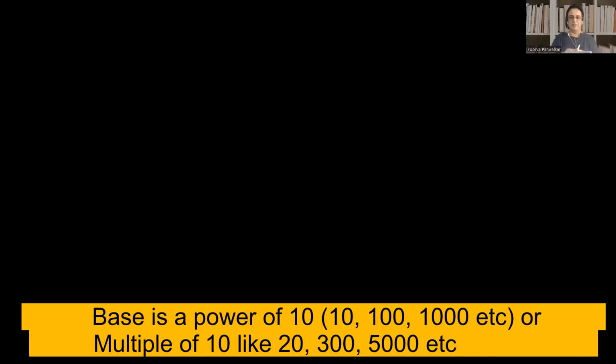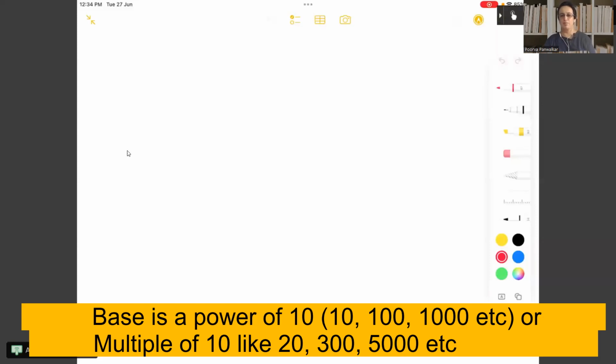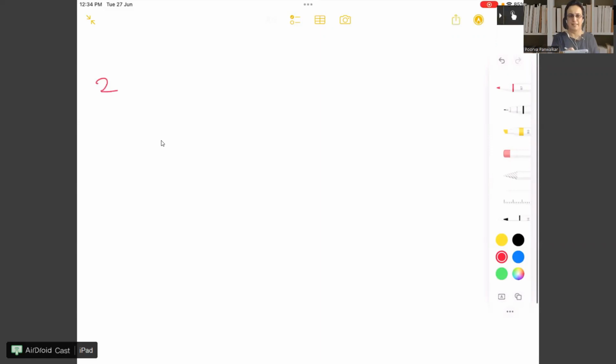So the first number which we will find the cube of is 23 cube. Upon just observing the number, I realize that 23 is close to the number 20. So my base becomes 20.